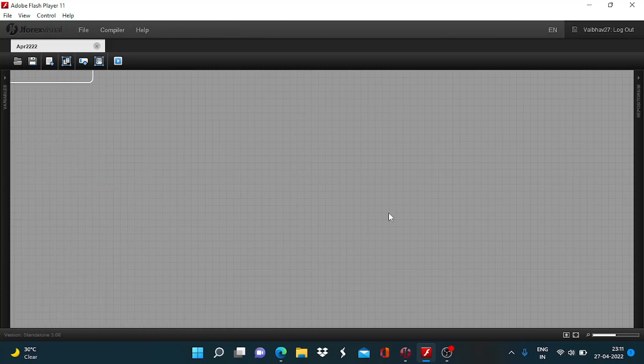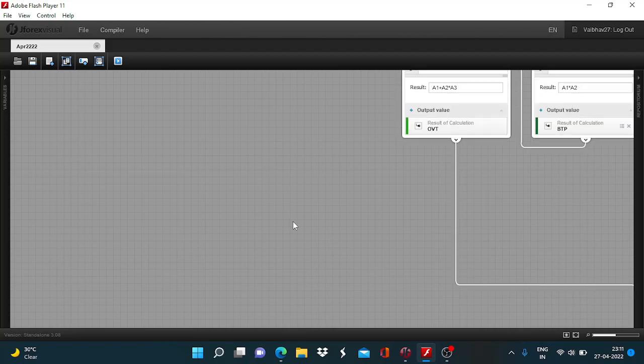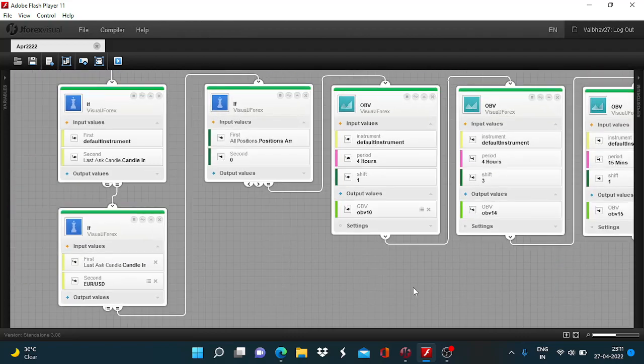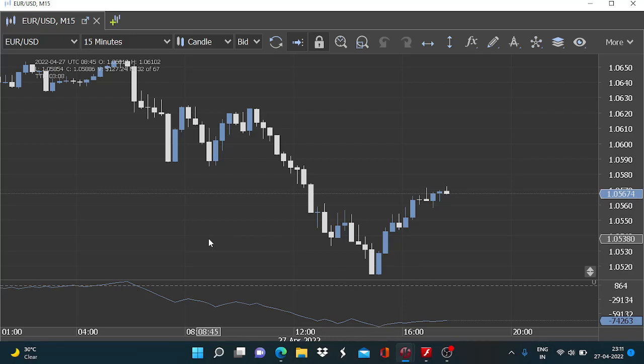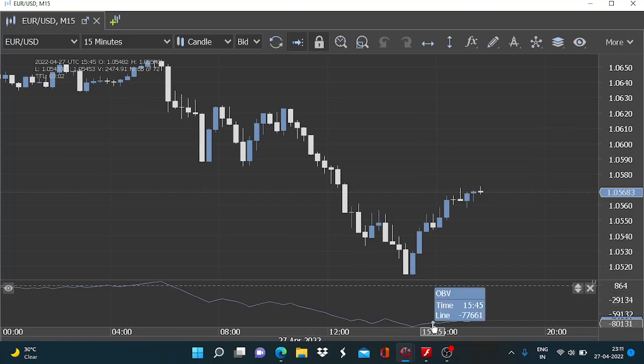This space is empty, and here we will be adding the blocks for defining the logic for the execution of the sell trade with the help of this OBV indicator. I will give you the explanation of the underlying logic. This is the Euro USD chart with the candle period of 15 minutes. We are looking for the divergence in the price action data and the OBV output values.